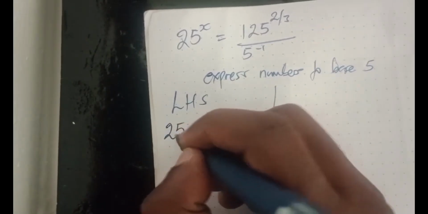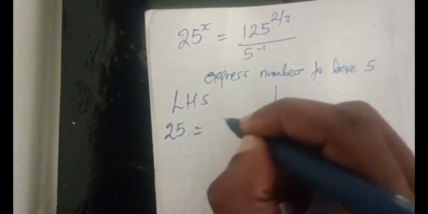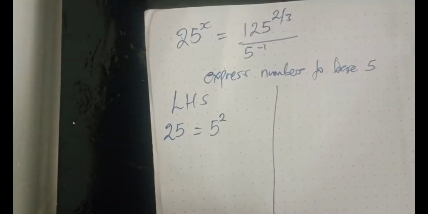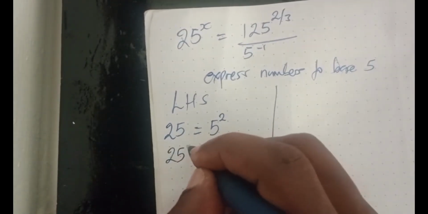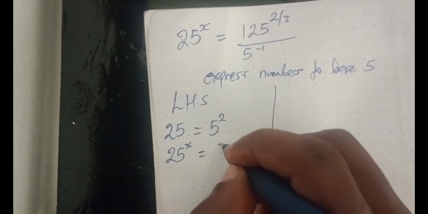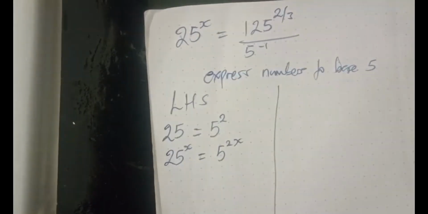On the left hand side we do have the number 25, and we know that 25 to the base of 5 is 5 squared. That means 25, our original expression, to power x is the same as 5 squared, then we have the x.